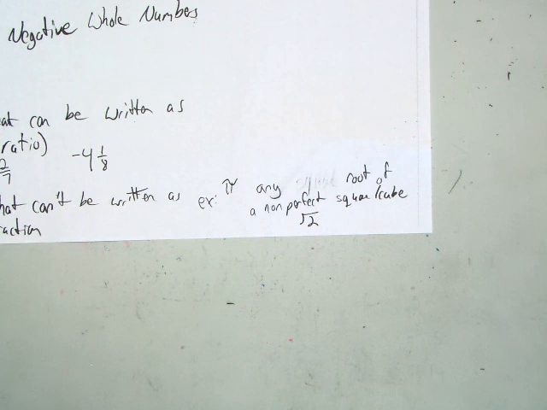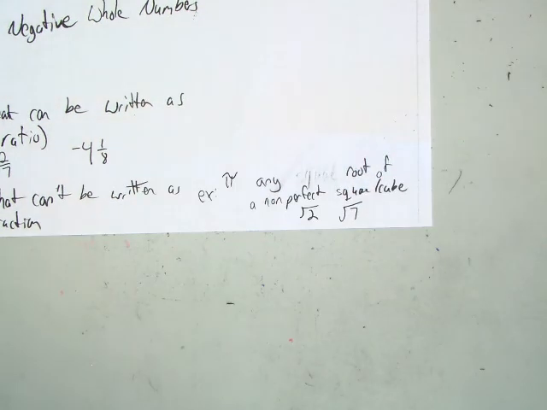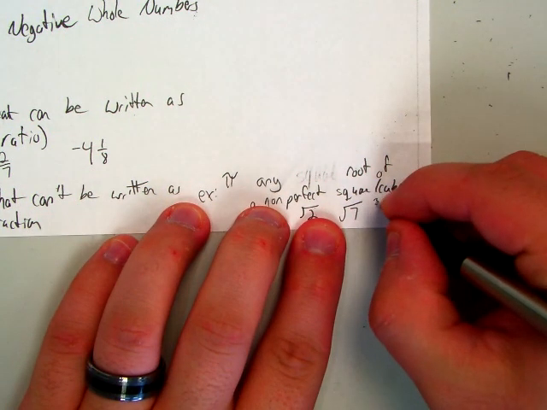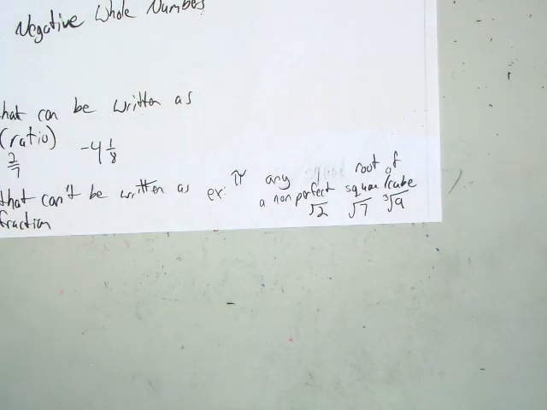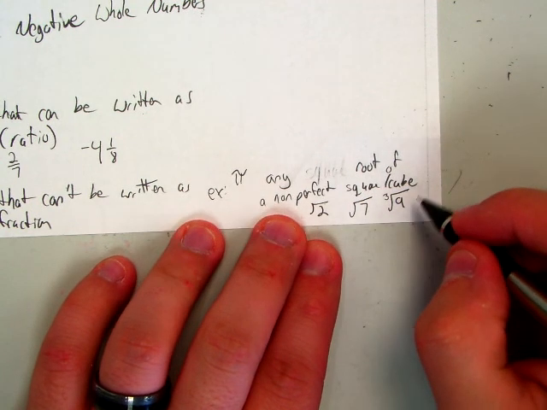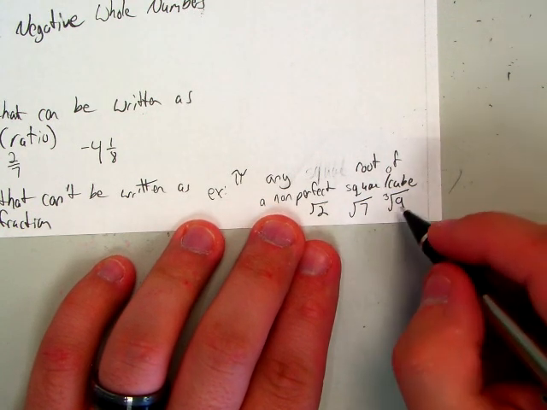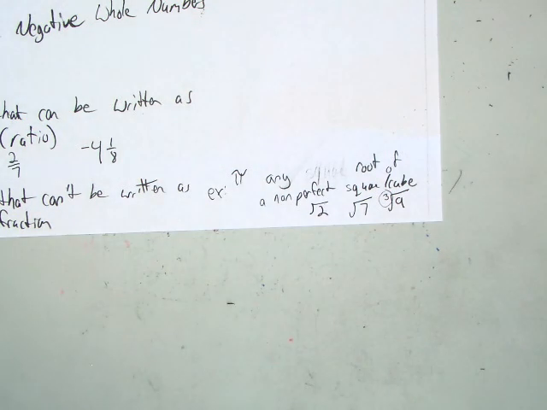The square root of 2 is an irrational number then. Square root of 7, that's not a perfect square or a perfect cube. Cube root of 9, that's not a perfect cube. So a cube root of a non-perfect cube, that's irrational. Even though 9 is a perfect square, we're taking the cube root of it, and 9 is not a perfect cube.